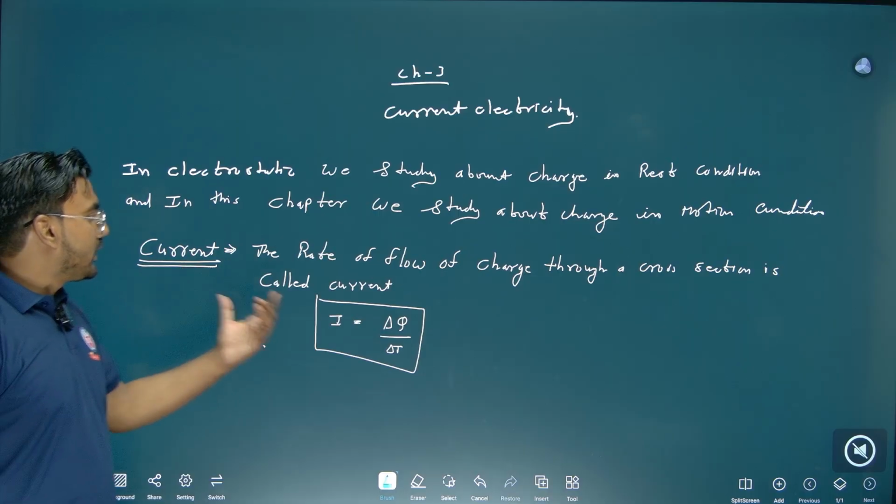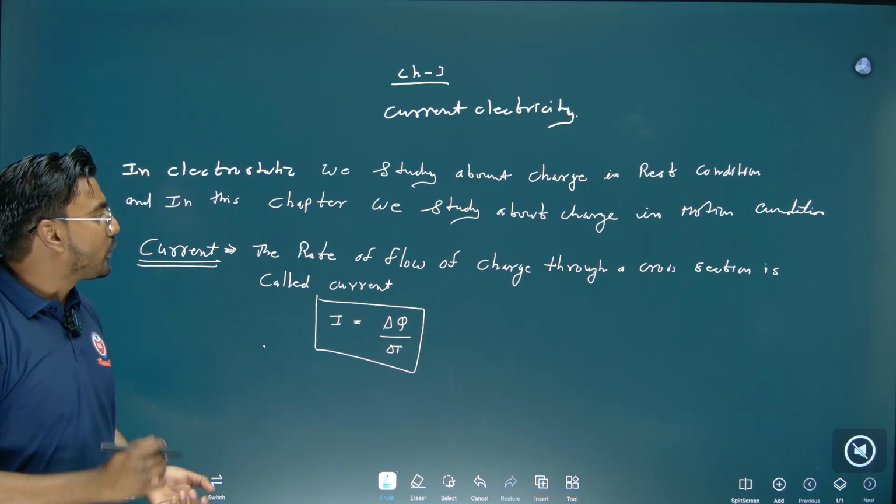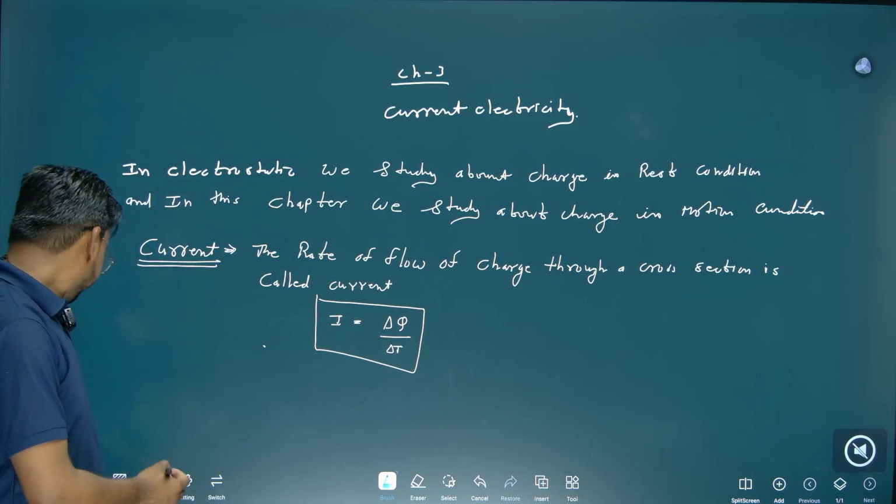So what is the current? The rate of flow of charge through a cross section is called electric current.